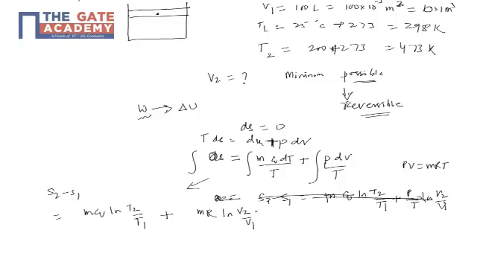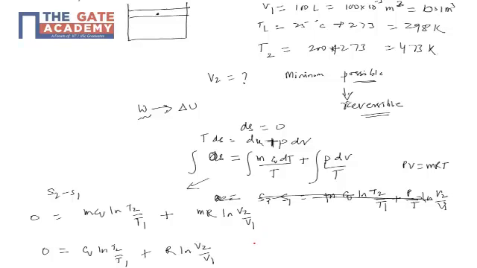So this is what I get. Okay, so basically m is common. Now Cv ln T2 by T1 plus R ln V2 by V1, and the change in entropy is 0. Okay, so this is all about it.